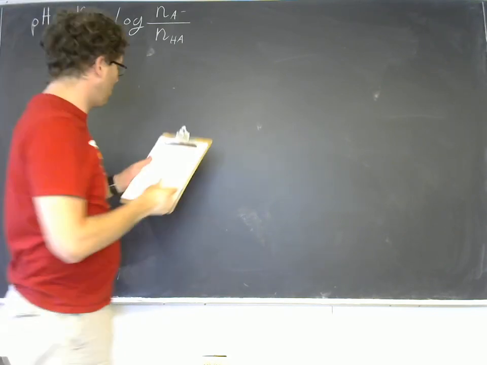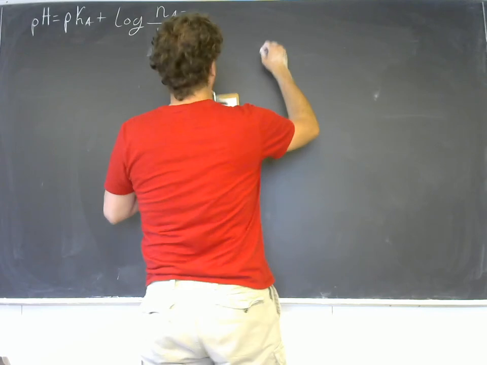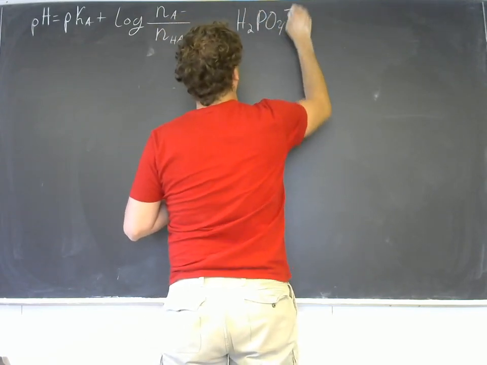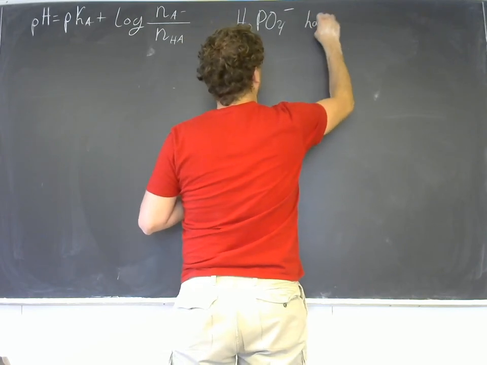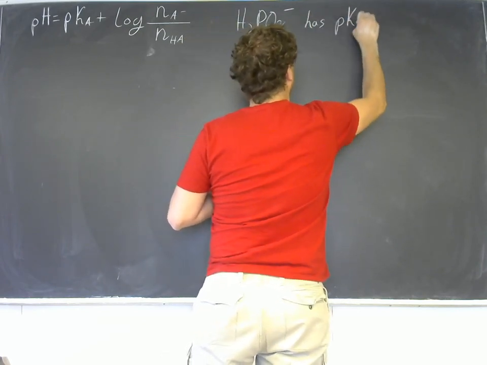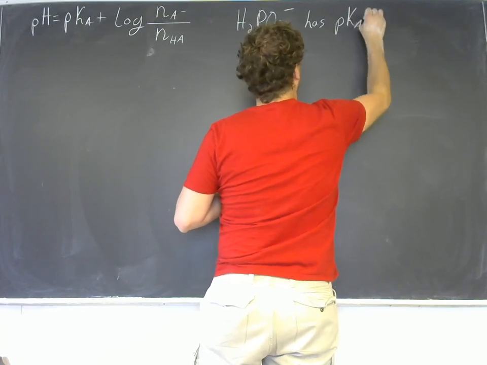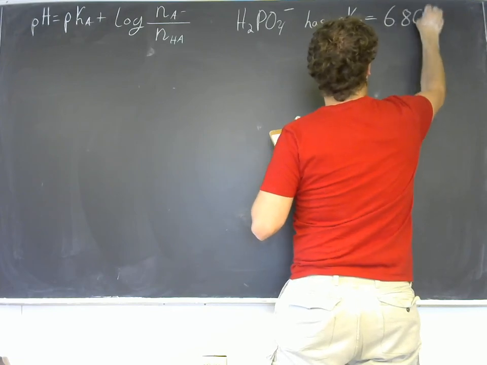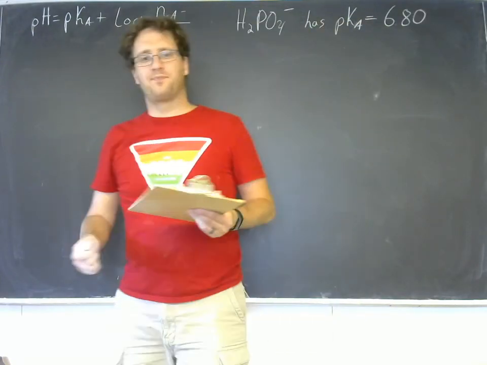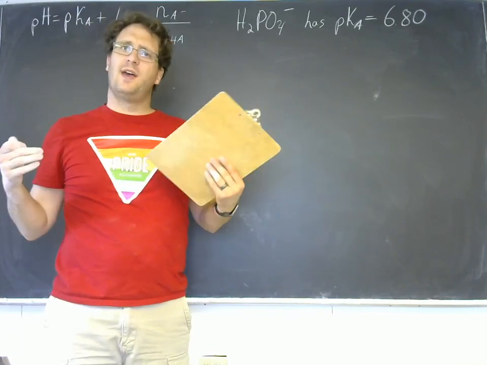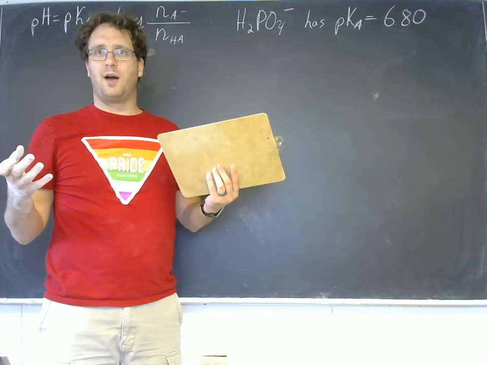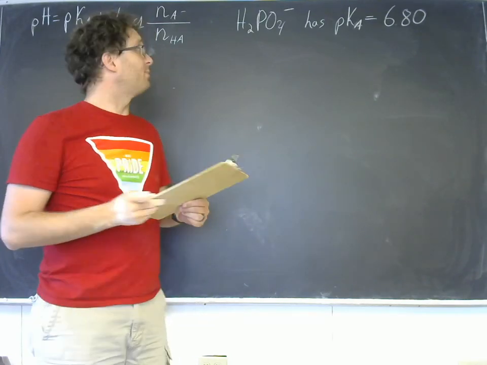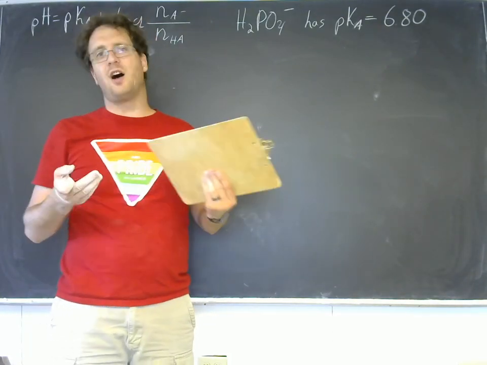Okay, so H2PO4 minus has a pKa equal to 6.80. And dihydrogen phosphate is actually a component of our blood that is largely responsible for regulating the pH of our blood.